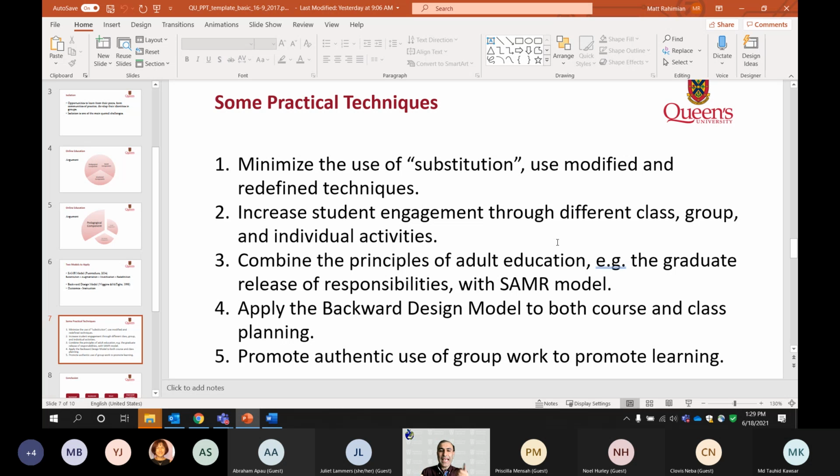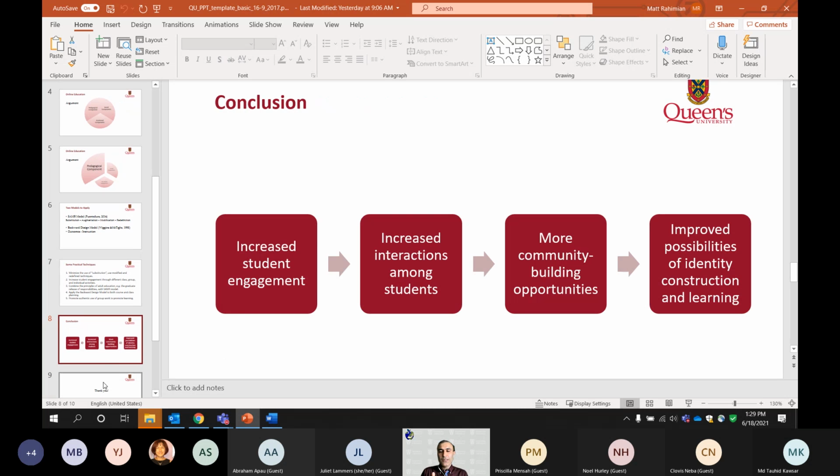Showing them techniques and even sometimes mentoring them on how to approach each other and work together are very effective, tested practical ways.